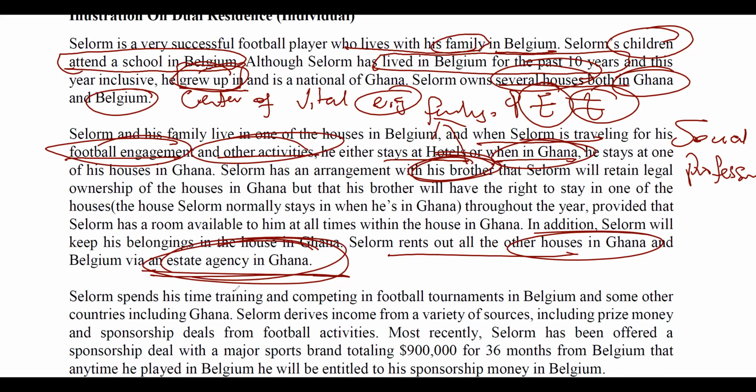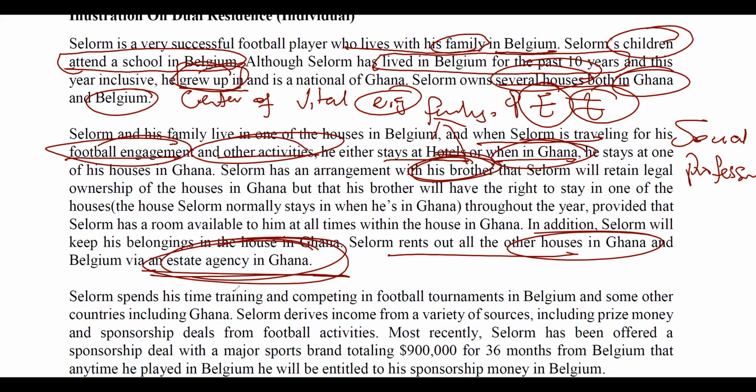So what is this telling us? That means Selom also has a center of vital interest where? In Ghana. And Belgium as well. So this test is also inconclusive. Because based on the points that we've been given in the scenario, Selom has his family, his business, his properties, his visas.